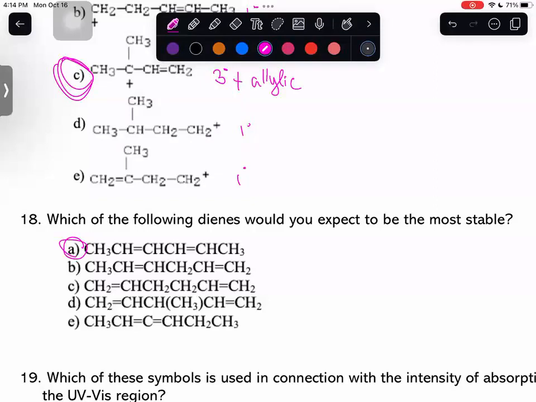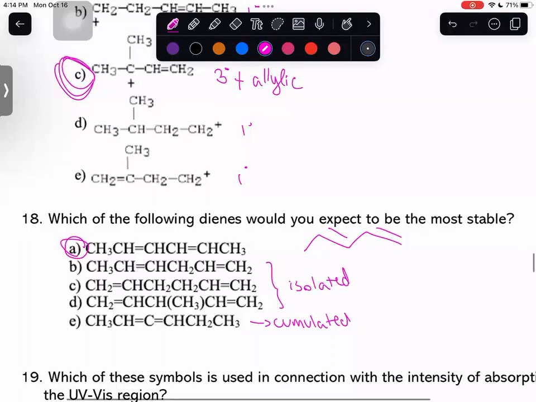B, E, yeah. This one is cumulative. These two. A. Mm-hmm. Yes.